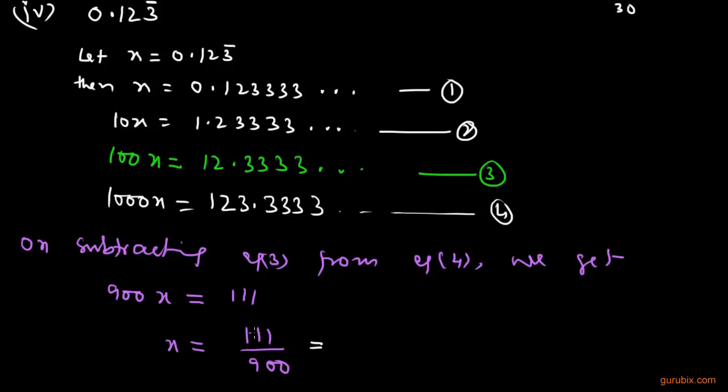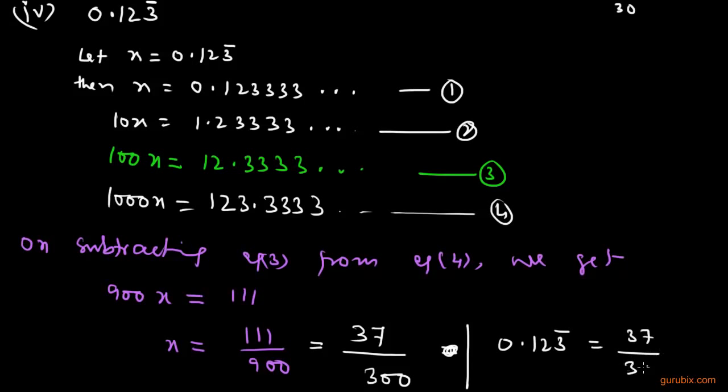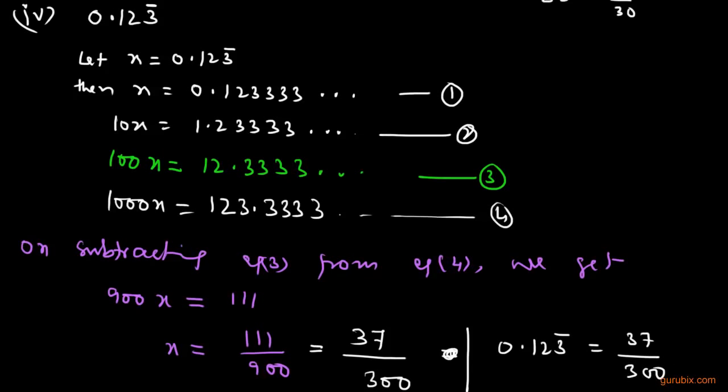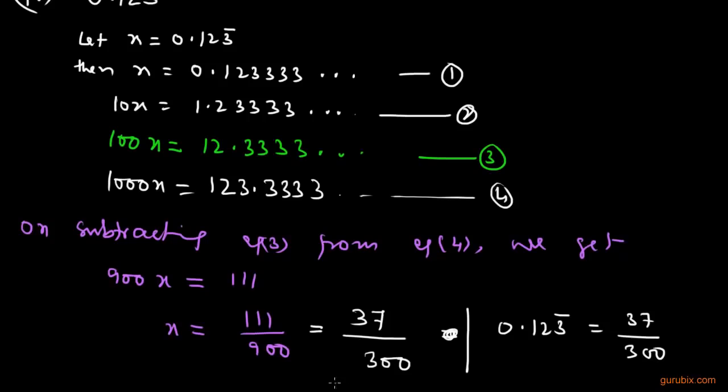We get 37 over 300. Therefore 0.123 bar is equal to 37 over 300. So this is the method by which we can convert a non-terminating repeating decimal expansion into a rational number of the form P over Q. Thank you.